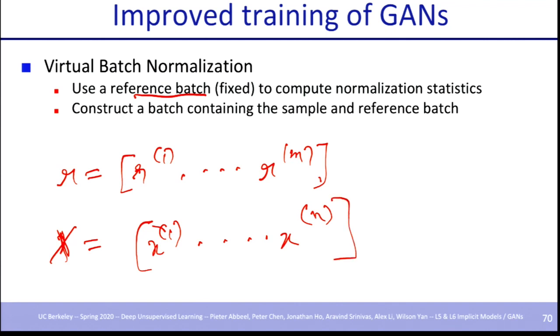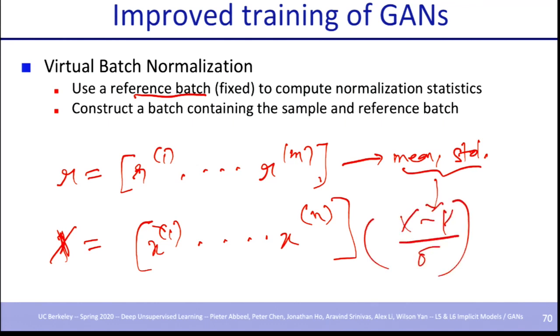And your mean and the standard deviation are going to come from this reference batch. And you would use these mean and standard deviation when you do the batch norm. You basically do this, and you have this affine term. So this mu and sigma are going to come from R. But you would use the same R for every single forward mini batch that you process. And this way, you're making sure that your batch statistics are not going to depend on your current batch at test time. So that's a useful trick.